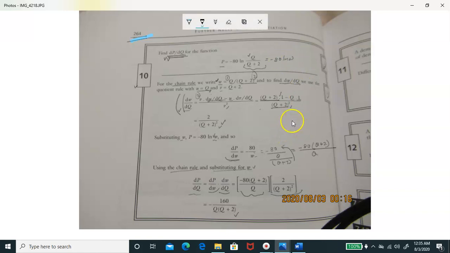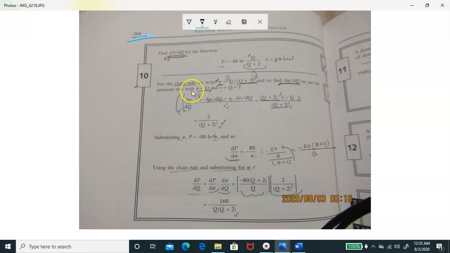And now the next thing we want to do is that when we make it w, then to find dw/dq, we see that w equal to all of this. So now from here we want to find dw/dq.